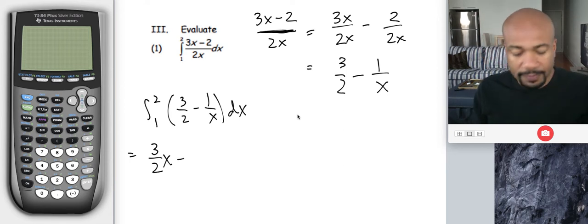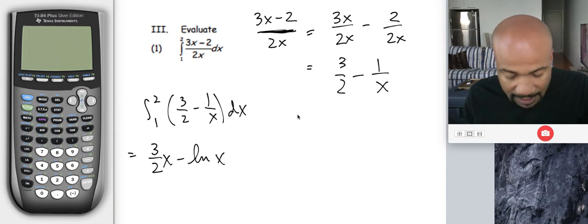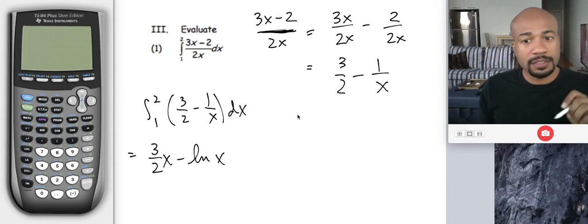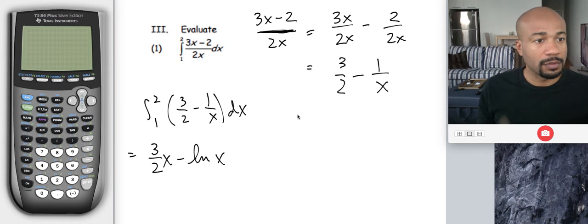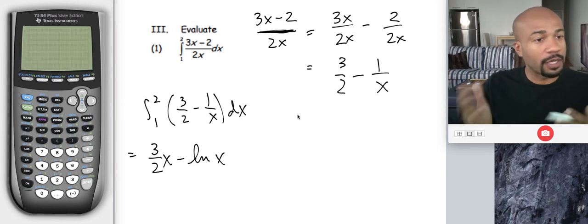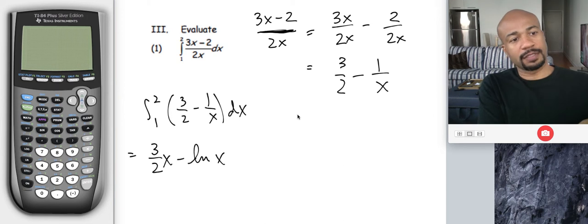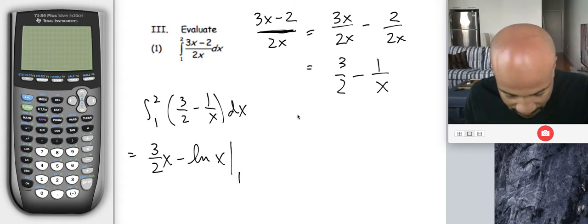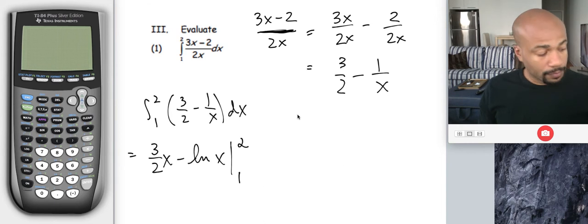And the antiderivative of 1 over x is the natural log of x. I don't have to put the absolute value sign because I know that the values of 1 and 2 are positive numbers, so I'm already in the positive range. I don't need to change the sign, because the absolute value of a positive is positive. And I'm going to evaluate that from 1 to 2.